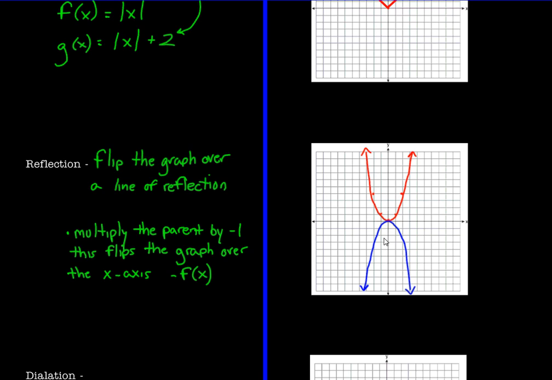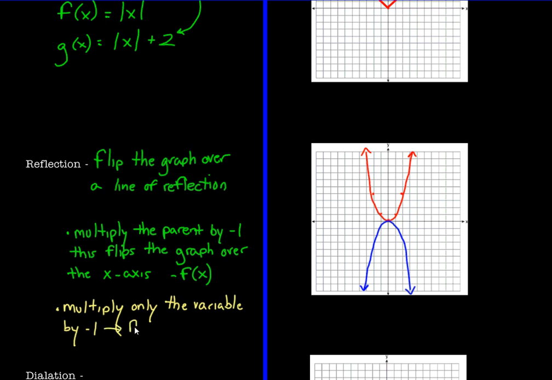Okay? Now, if we multiply only the variable, so the other way to do it would be to multiply only the variable by -1.